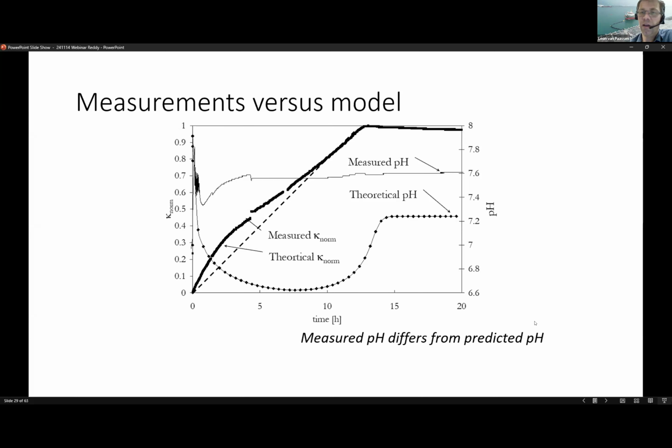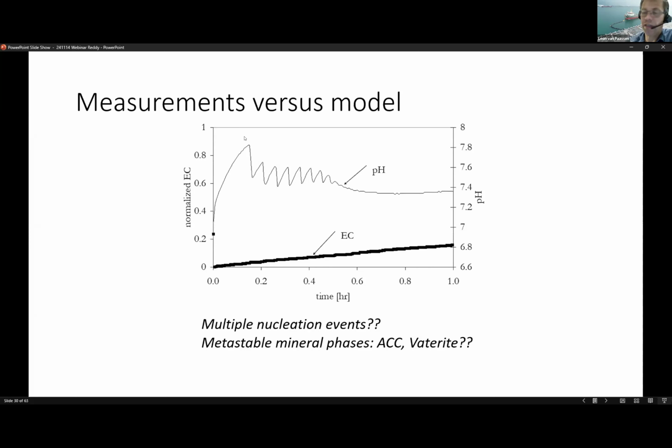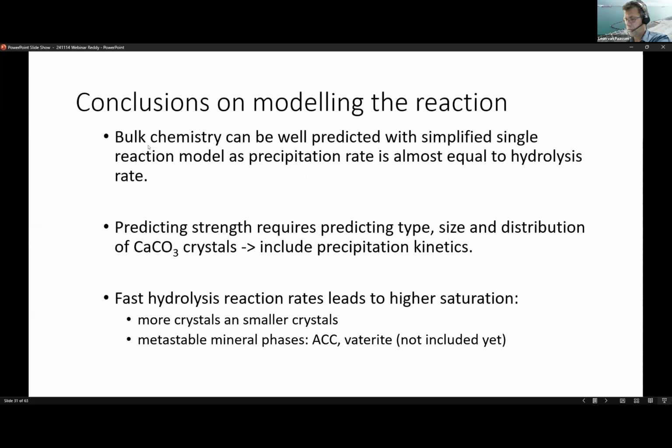So initially you start building up carbonates as you hydrolyze urea until you exceed this energy barrier where nucleation can start to occur. And at that moment, you get a sudden nucleation event, but as it nucleates, the pH drops again, so your equilibrium goes down, and gradually pH can go up again. So, well, this is a hypothesis, but I have not been able to really predict this behavior appropriately.